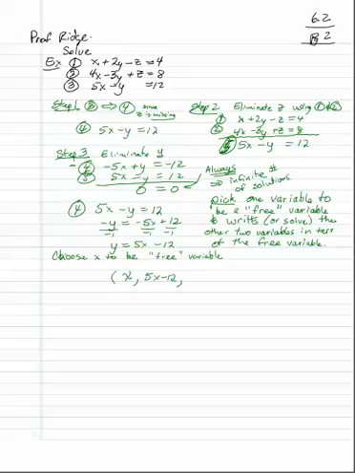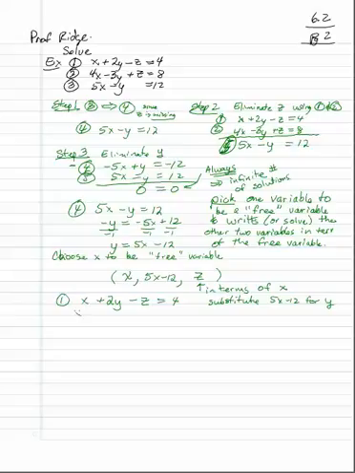So now you go back to equation 1. Now we need z in terms of x. So we go back to equation 1. Take equation 1, x plus 2y minus z equals 4, and substitute 5x minus 12 for y into equation 1, 2, or 3.